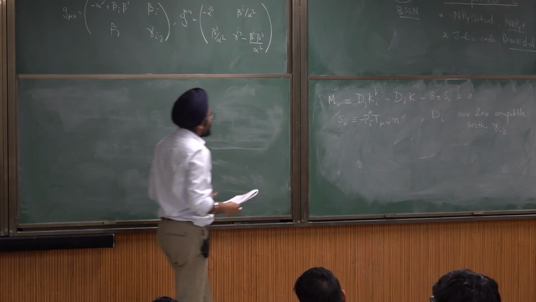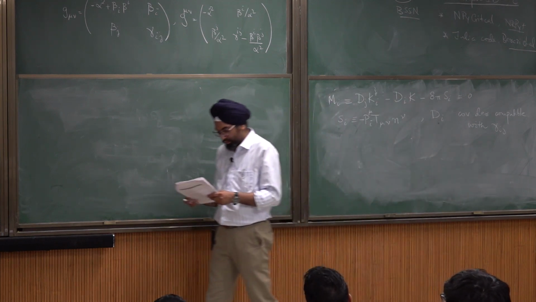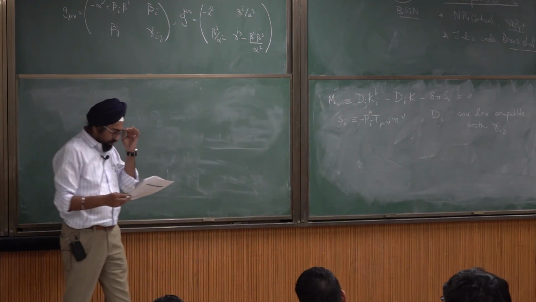Essentially D_i γ_jk = 0 gives you what the connections are in terms of γ_ij.